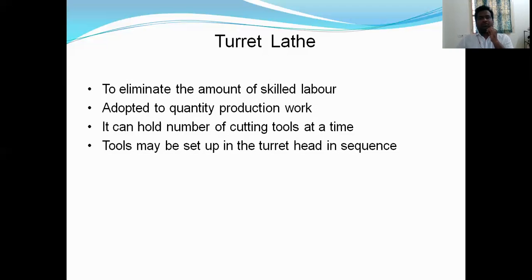So we have to arrange the tools in the sequence of the operation order. First we are not doing the drilling operation. First we are going to do the turning operation.